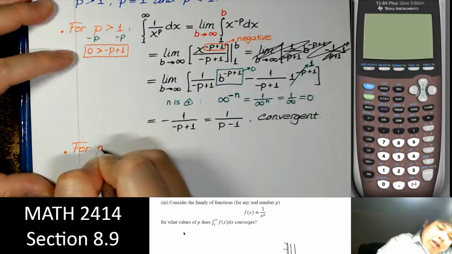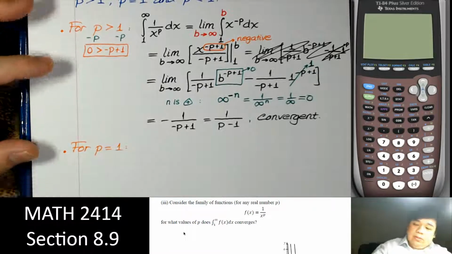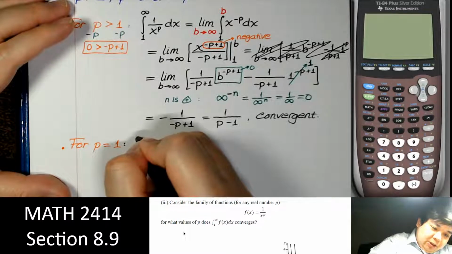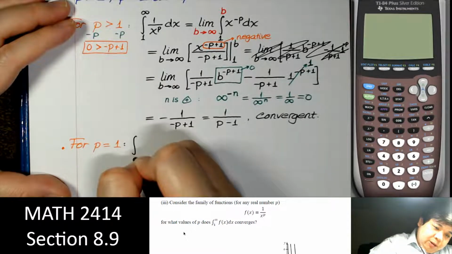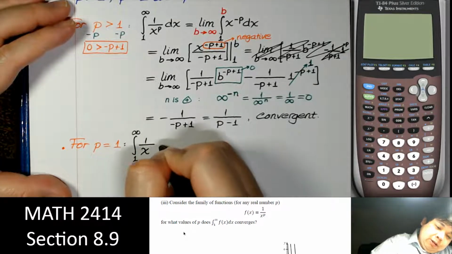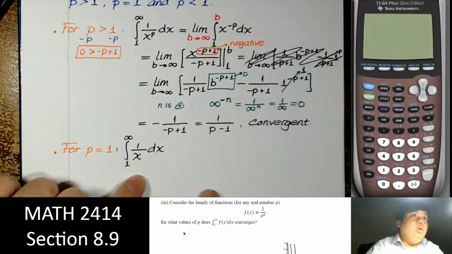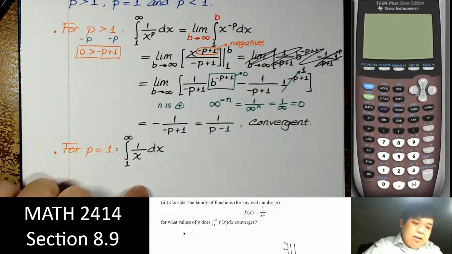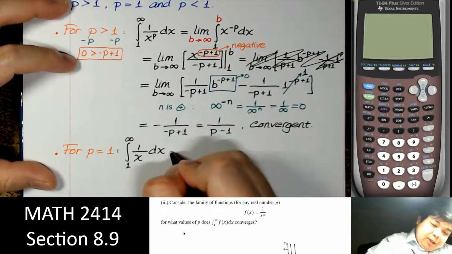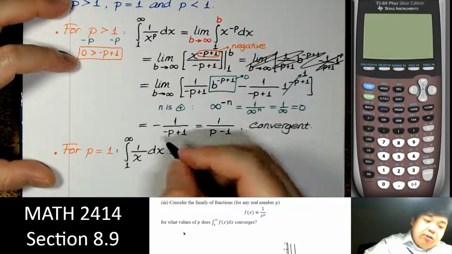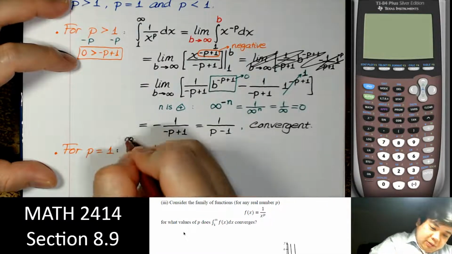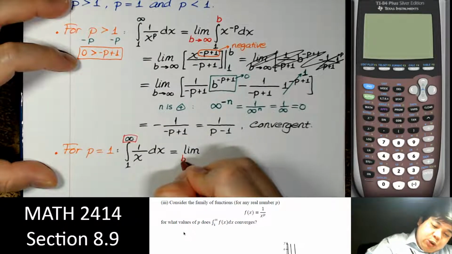Now what happens for p equal to 1? For p equal to 1, we just have 1 over x here. The first thing we do, of course, is change the upper limit, so we use b.